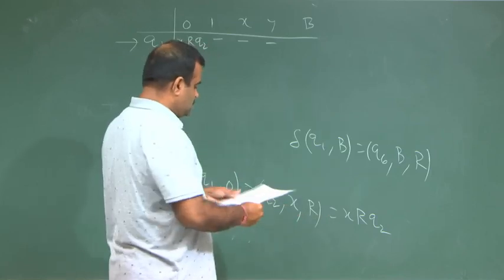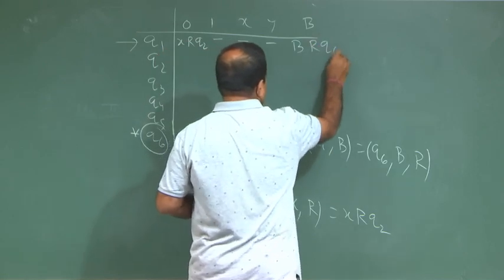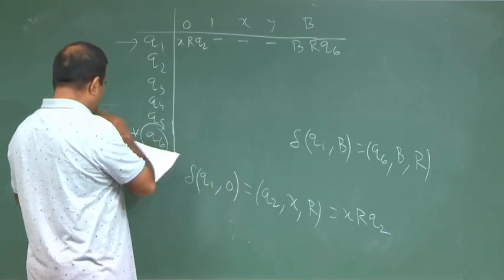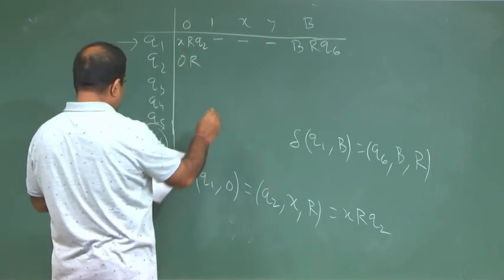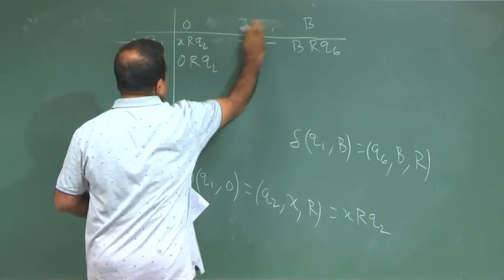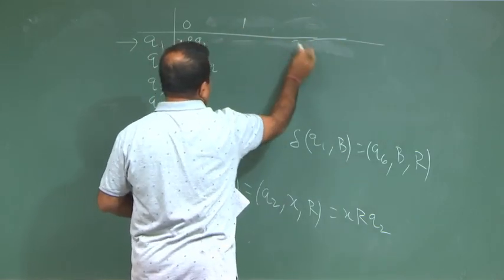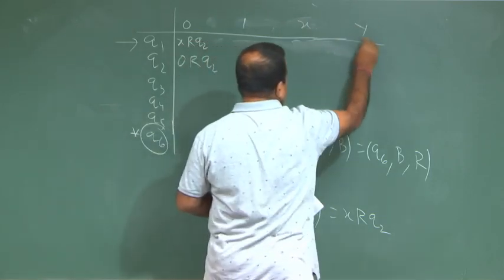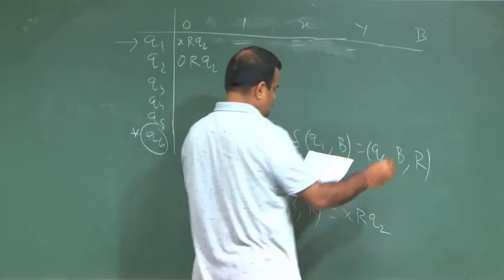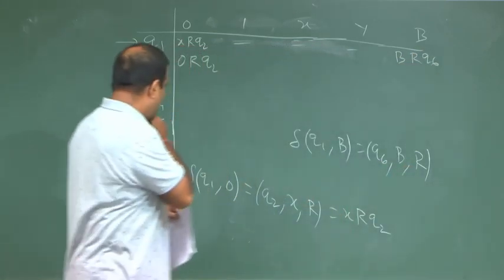So, using this notation, this is nothing but b r q6. So, let us fill this up. With q2 we have 0 r q2, and we need some more space over here. So, this is 0 1 x y b. Okay. So, this is b r q6.